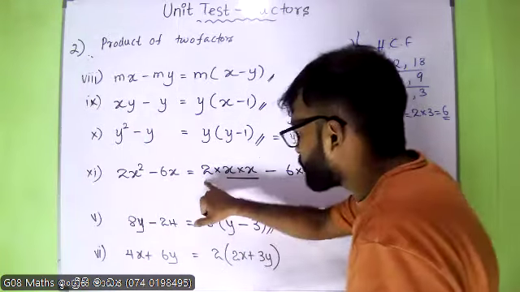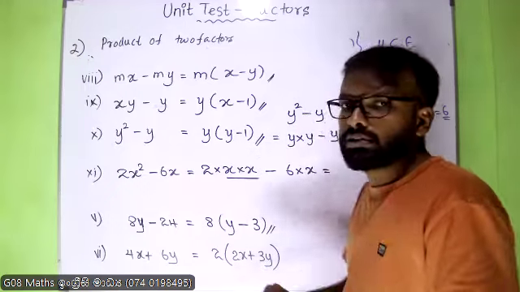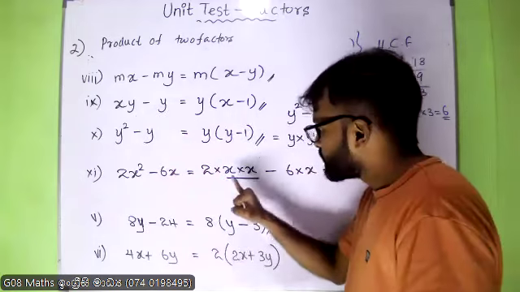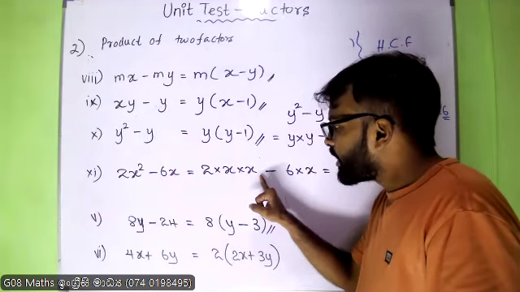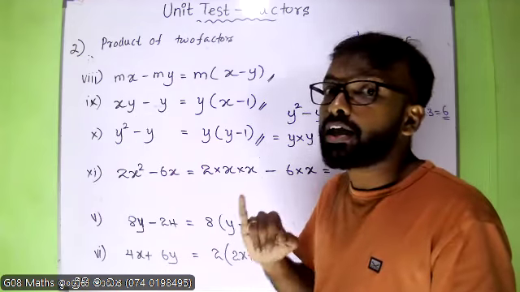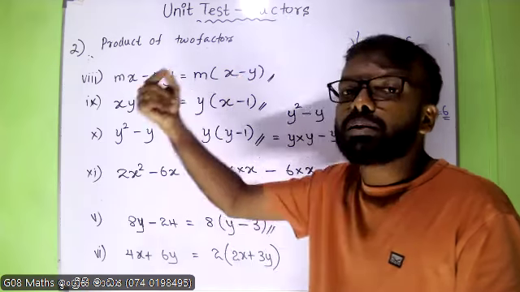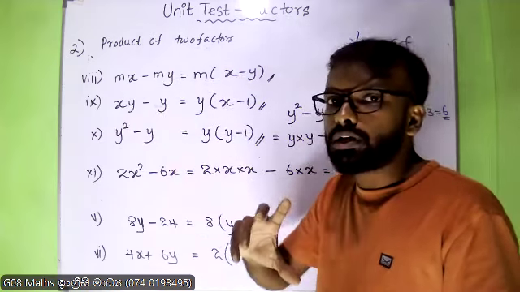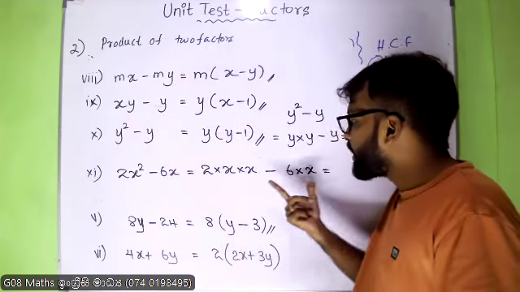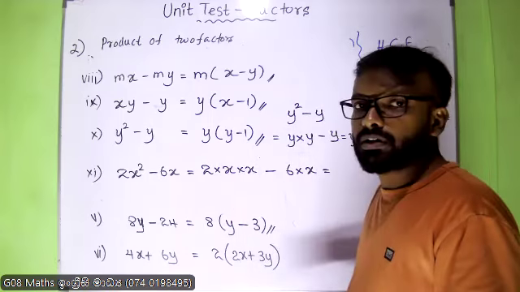We have identified by looking at the numerical values, 2 and 6, there is a common factor number 2. That is okay. When we consider the algebraic terms, with x, x, 1x is a common term again. So altogether 2x is a common term for this one and this one.